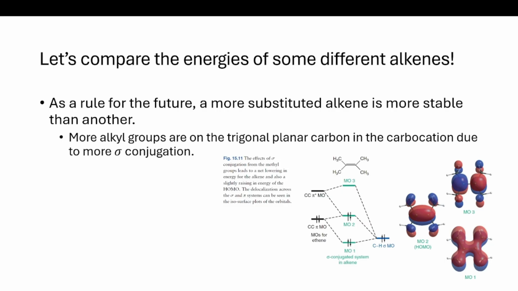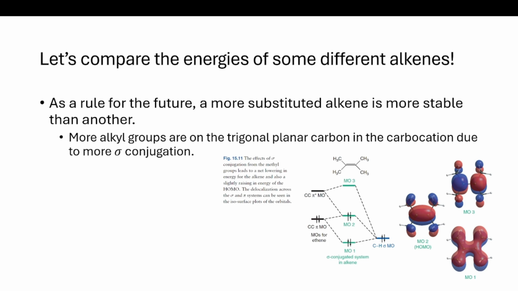Next, I also wanted to talk about the energies of some different alkenes. As a rule, a more substituted alkene is more stable than one that is less substituted. That's because if you have more alkyl groups, like if you have a carbocation being formed, then due to sigma conjugation, stabilization effects will occur.